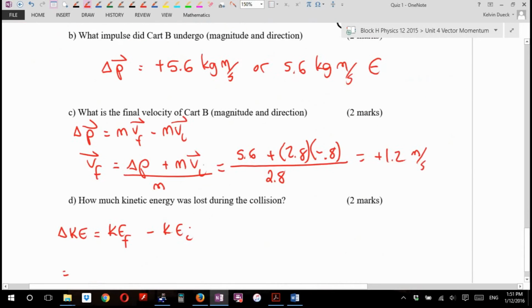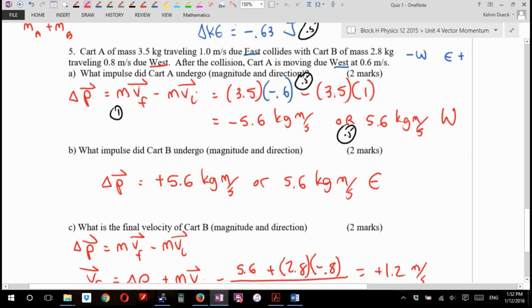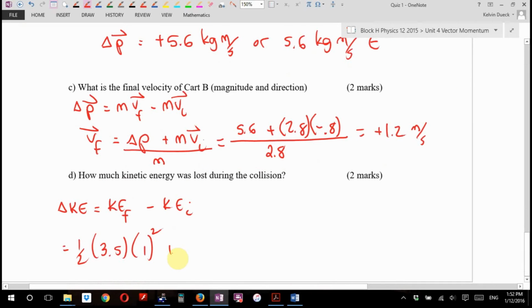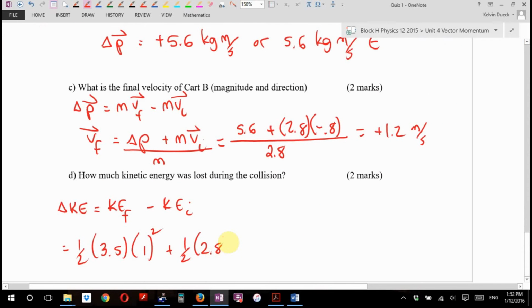Car A, a half times 3.5 times 1 squared, plus car B, a half times 2.8 times 0.8 squared. Mr. Dewick, shouldn't you let the 0.8 be negative because it's to the west? Energy is a scalar, I don't care. Also notice, if I put a negative in the 0.8, when I square it, what would happen to that negative anyhow? It would vanish.